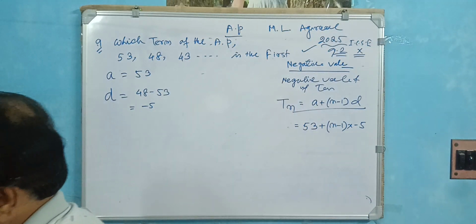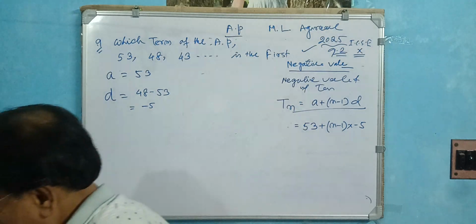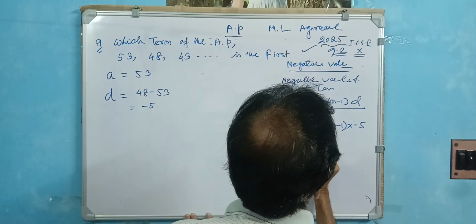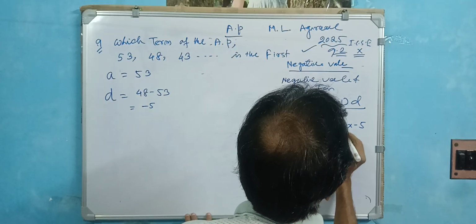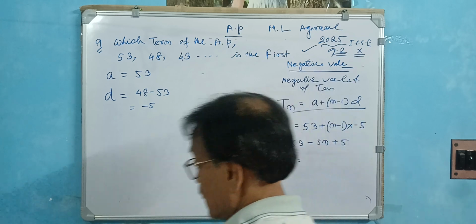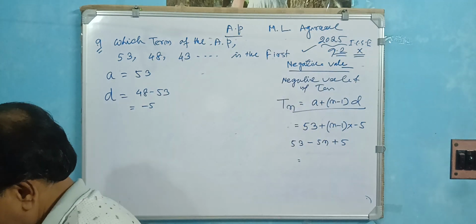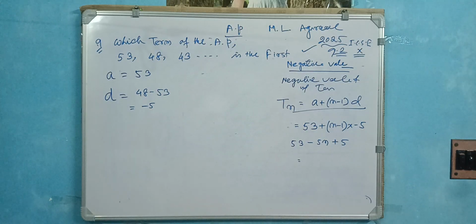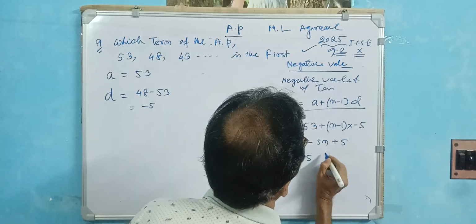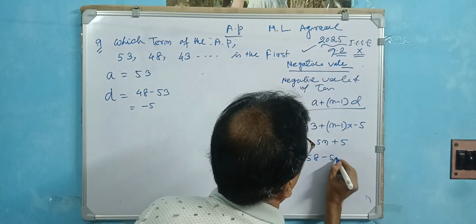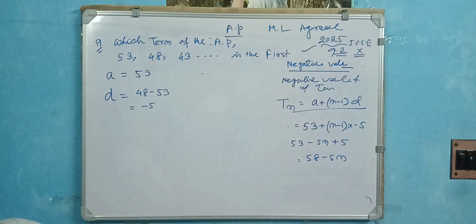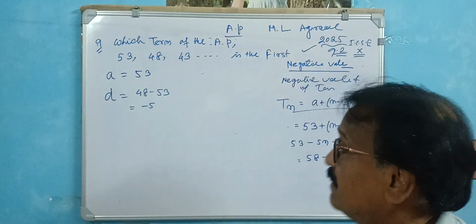So actually this is 53 minus 5n plus 5, so that is 58 minus 5n.